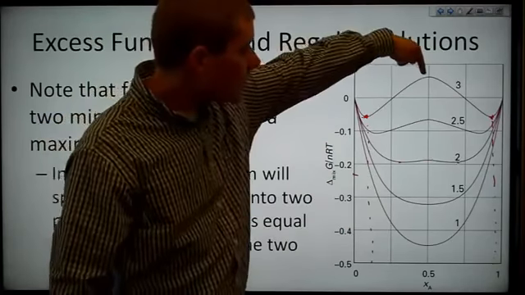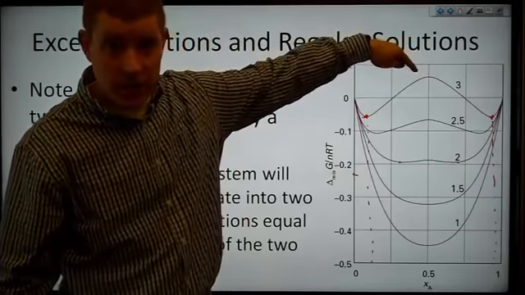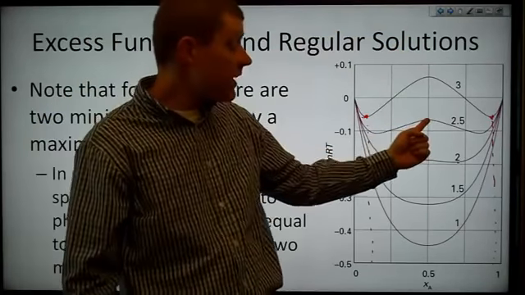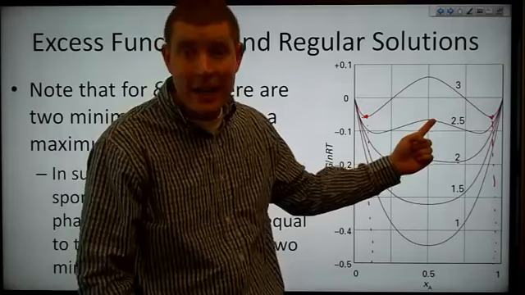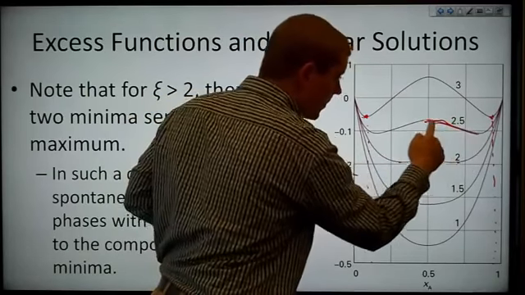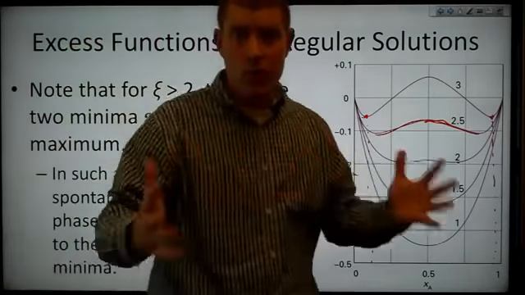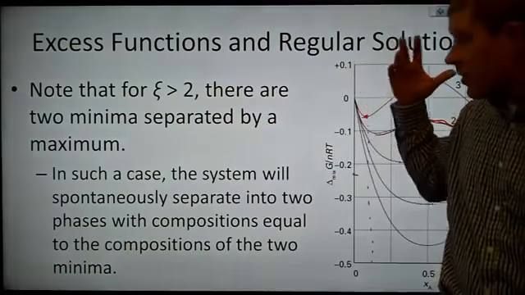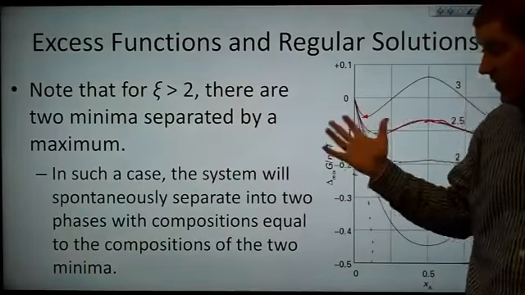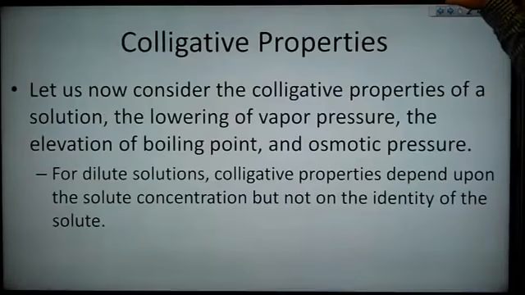So it doesn't want to sit up here, regardless of whether that's a positive value, as it is for xi of 3, or still a negative value for 2.5. It can get lower than that by splitting and moving down this direction or that direction. And so it will spontaneously form two phases. This is what something like oil and water will do. We'll get two different phases.